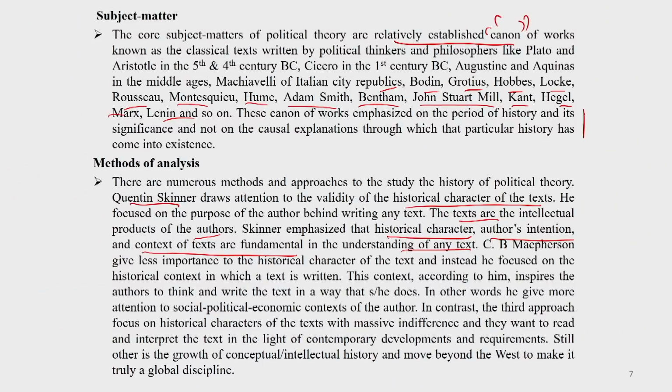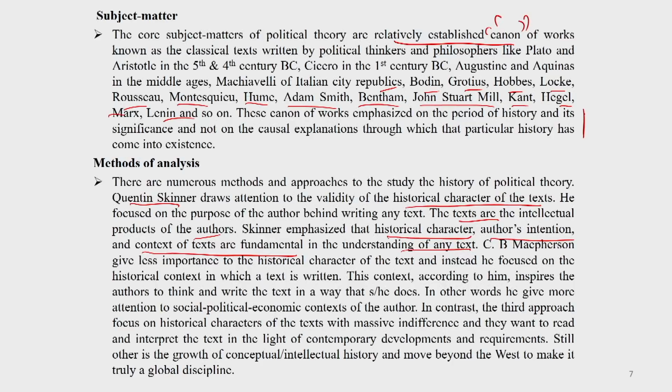So, the historical context, characters and the author's intentions are valuable sources to understand any historical classical text. Contrary to this approach, we have thinkers like C.B. Macpherson, who give less importance to the historical character of the text and instead focus more on the historical context in which a text is written.